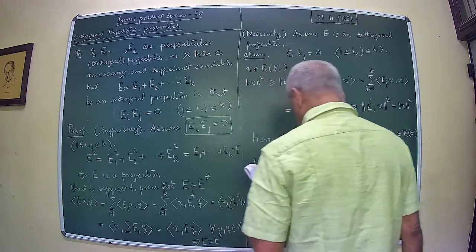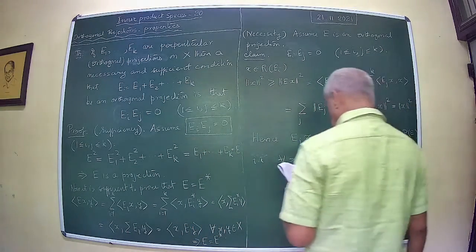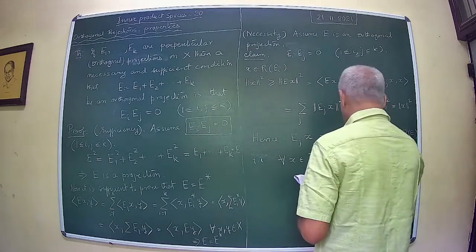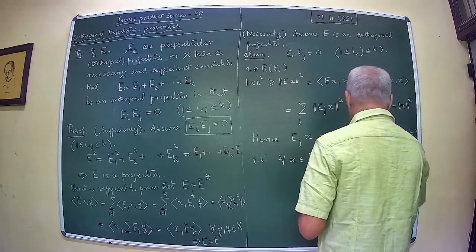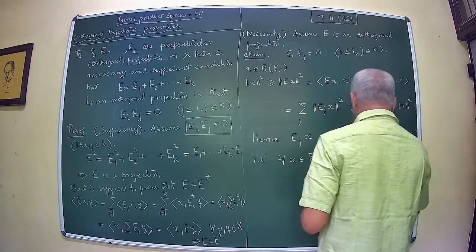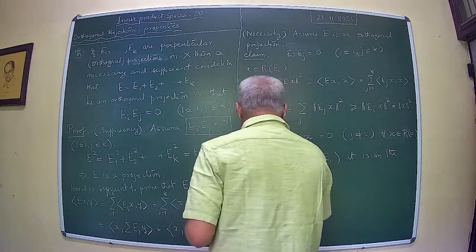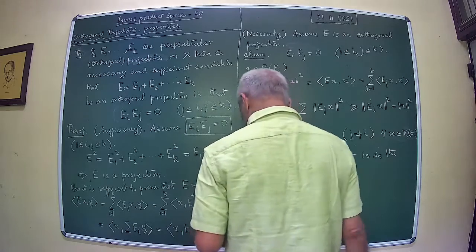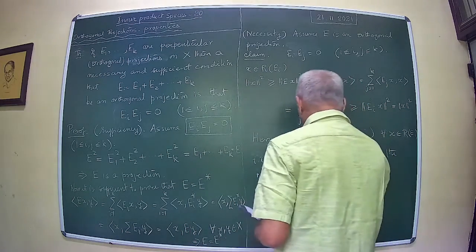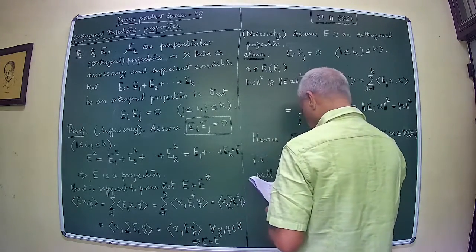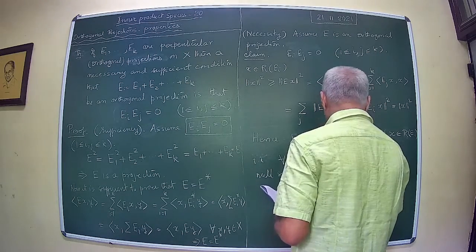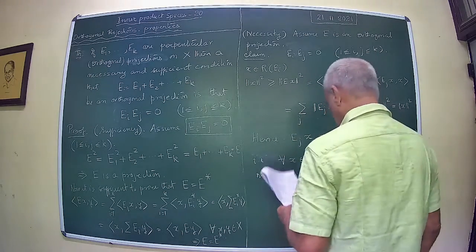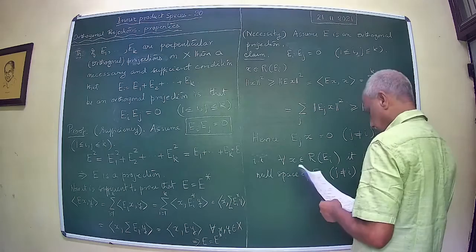which is contained in the null space of Ej for j not equal to i, which implies Ej Ei equal to 0.